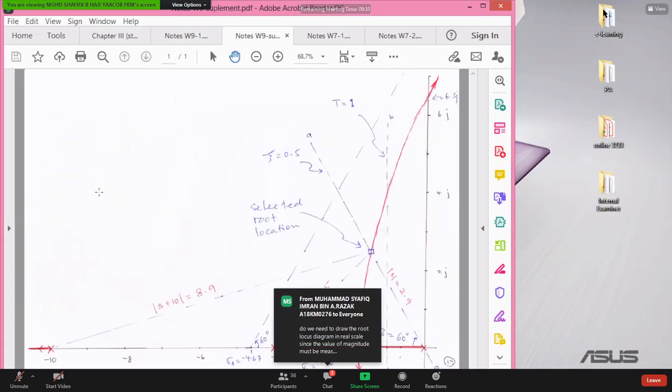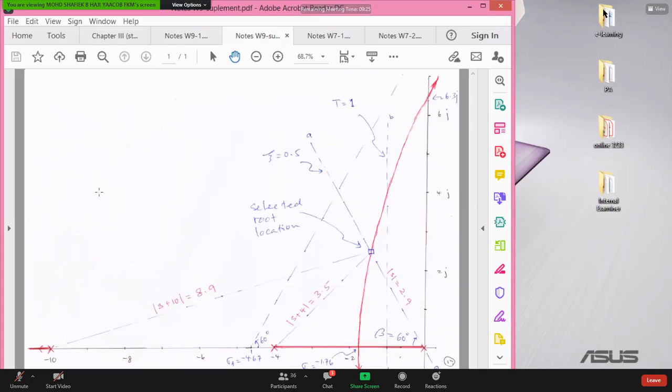Do we need to draw the locus diagram in real scale, since the value of magnitude must be measured? Yes, you will, in your test. Normally, when you take your test in the examination hall, you will be given a graph paper. You need to draw this to scale.